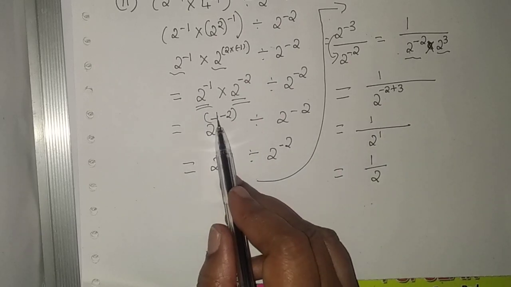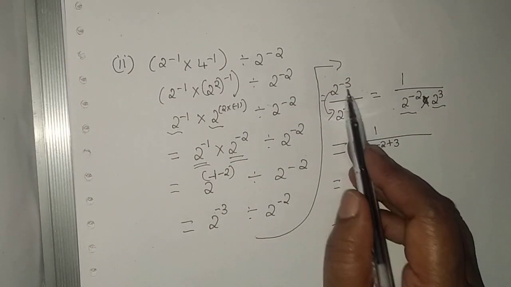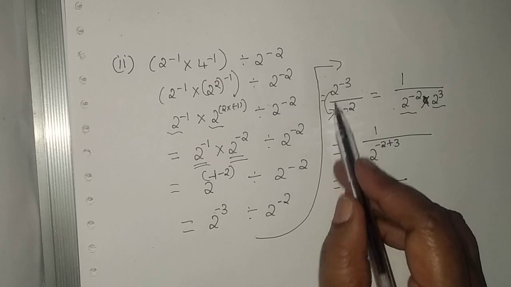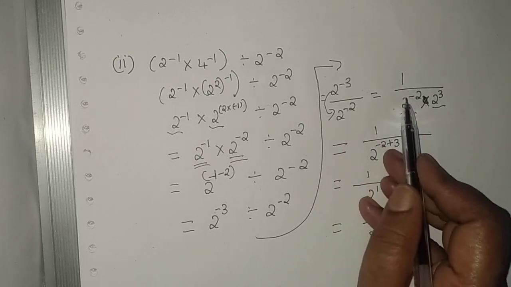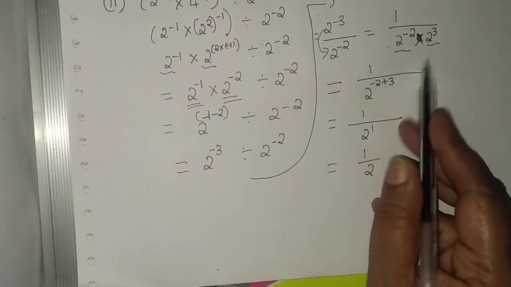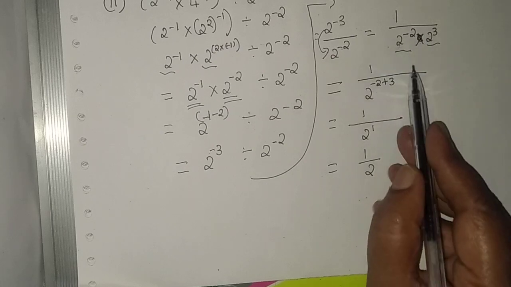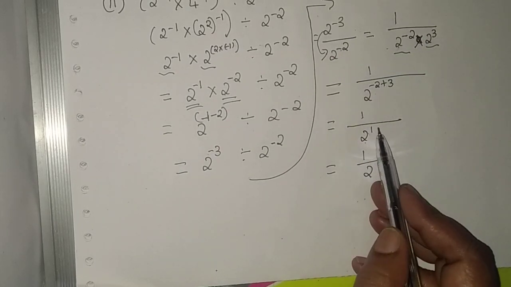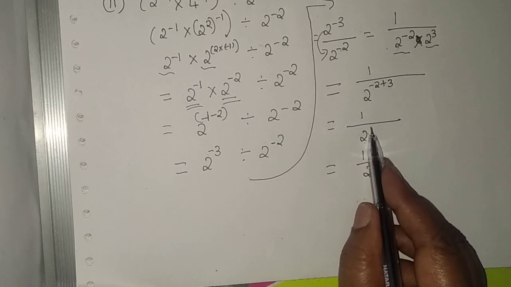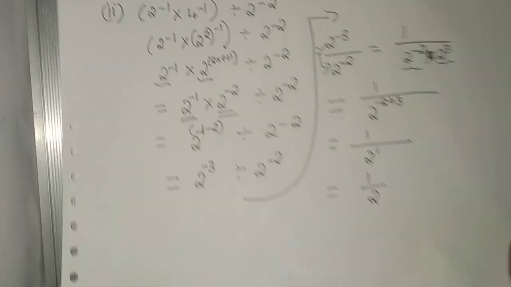Add these with the minus sign, then we get 2 power minus 3 over 2 power minus 2. Bring this 2 power minus 3 down, then this negative becomes positive. Then again in the denominator the base is common, that is 2, then add these two, minus 2 and plus 3, we get 1. So 2 power 1 is 2. So the answer is 1 by 2.